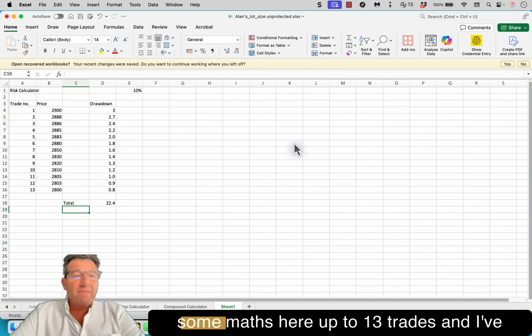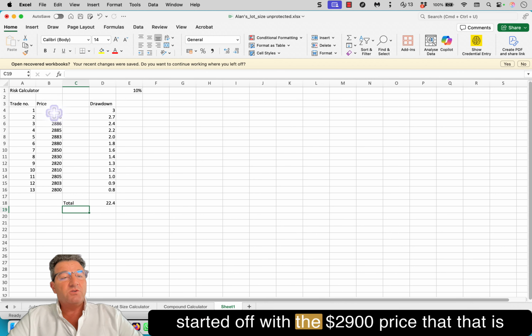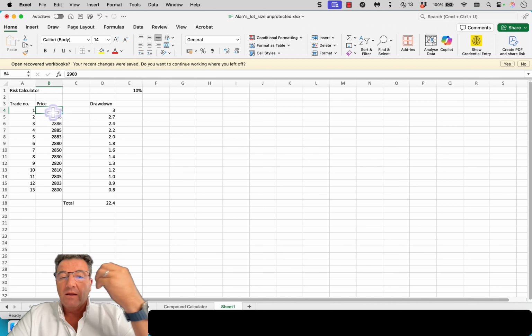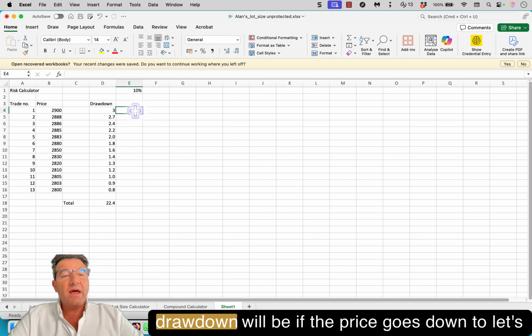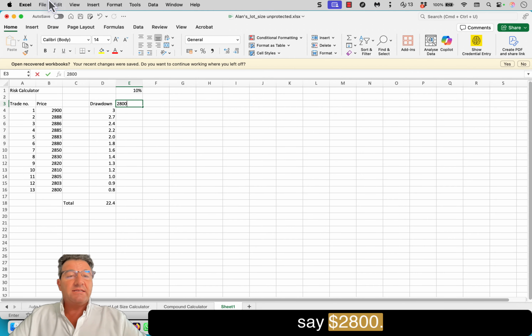I've done some maths here, up to 13 trades, starting off with the 2,900 price, which is where the initial order was placed, and this is what the drawdown will be if the price goes down to, let's say, 2,800.